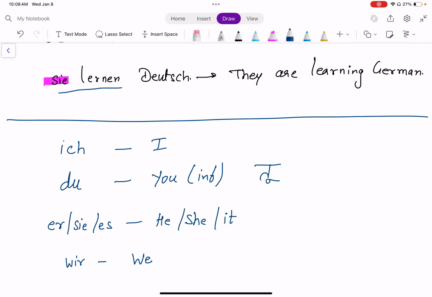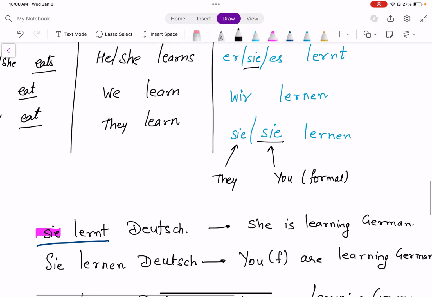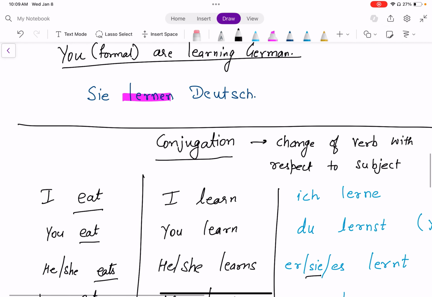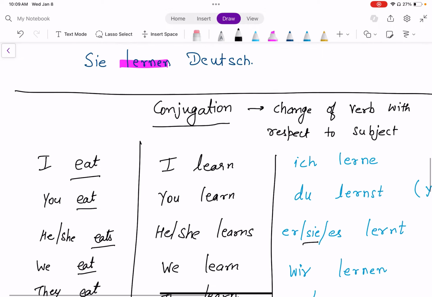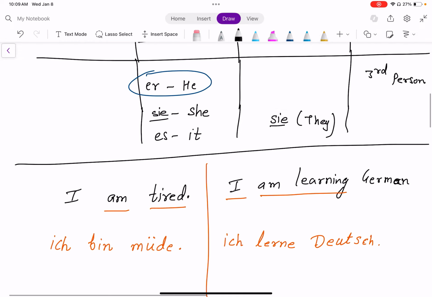Wir is we, and then sie, small s and capital S. This means they, and the second one is you formal. Okay, I hope you have understood the subject pronouns. In the next lecture, we are going to learn about the verbs, how we are going to make verbs.